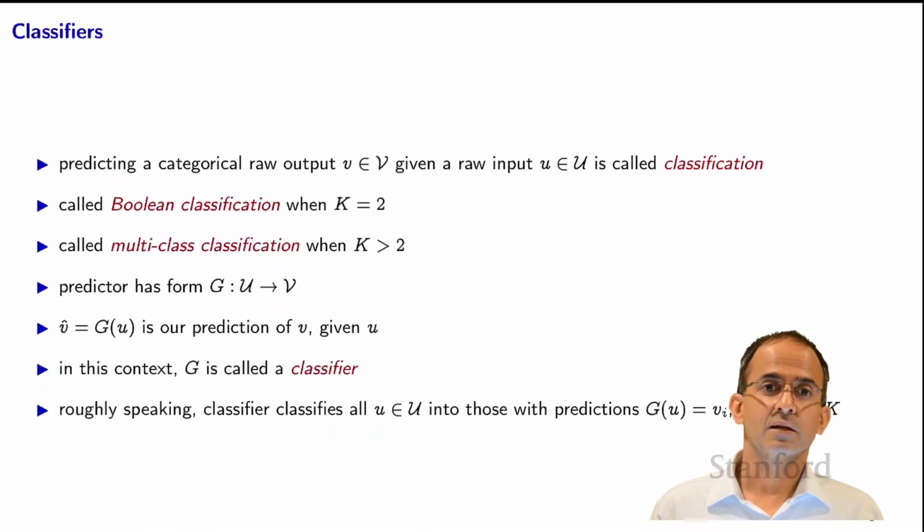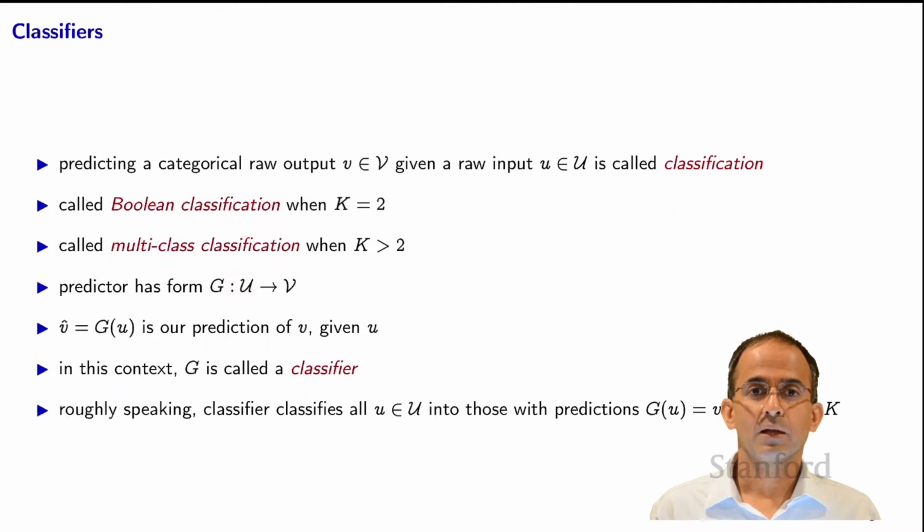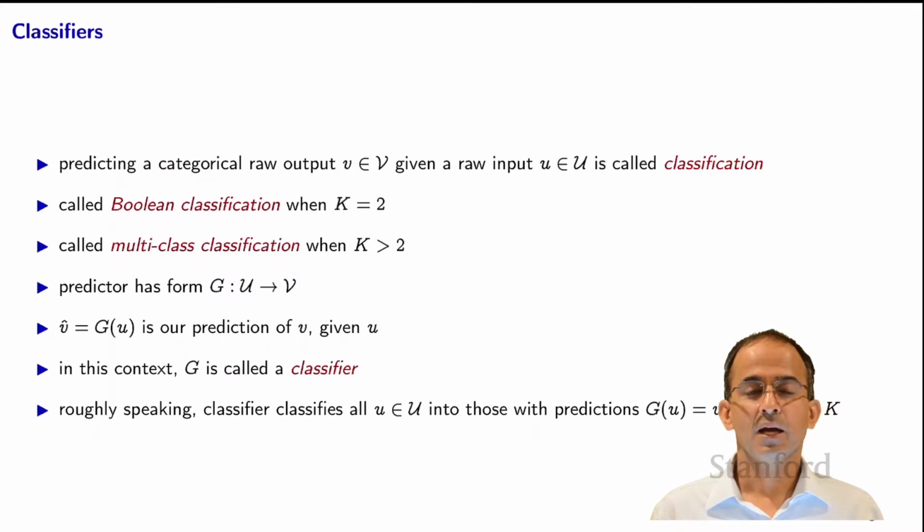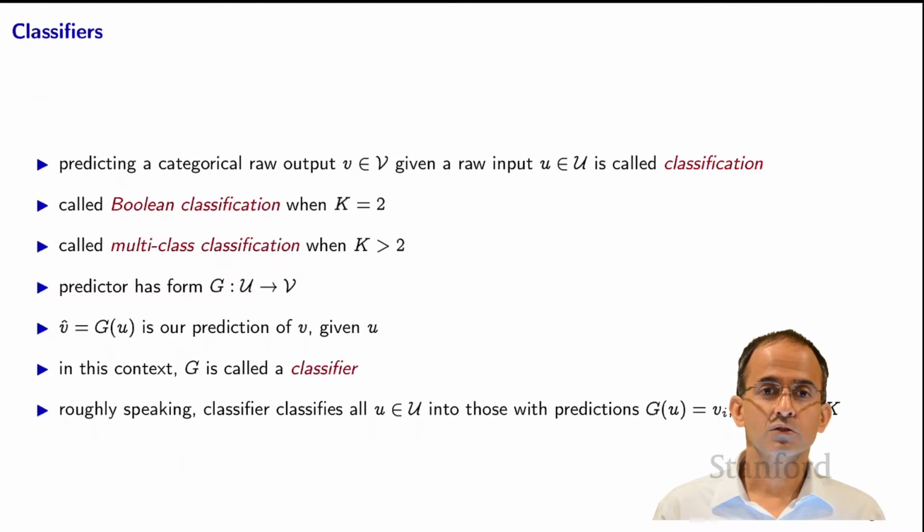So when we're predicting a categorical raw output v, given a raw input u, that's called classification. We will talk about Boolean classification or multi-class classification. And the predictor is a map from script U, our set of possible independent variables, to script V, the set of target variables.